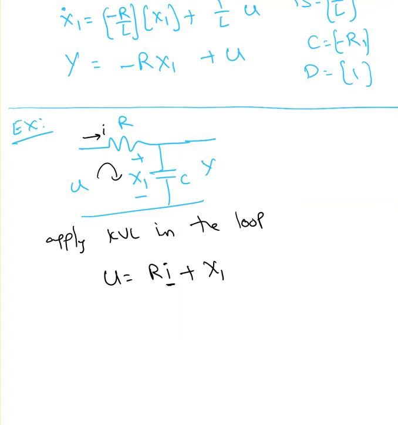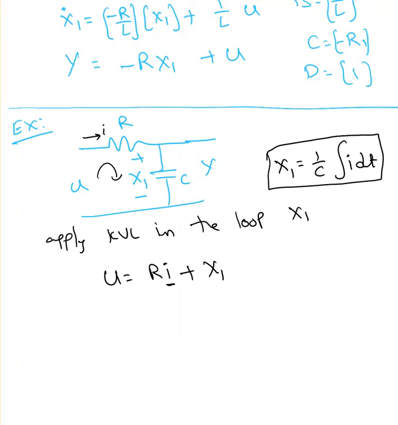Now can I say the voltage drop across the capacitor x1 equal to 1 over C integral of I dt? That's the voltage drop across the capacitor. So can I say x1 dot is nothing but 1 over C times I, or I equal to C x1 dot.